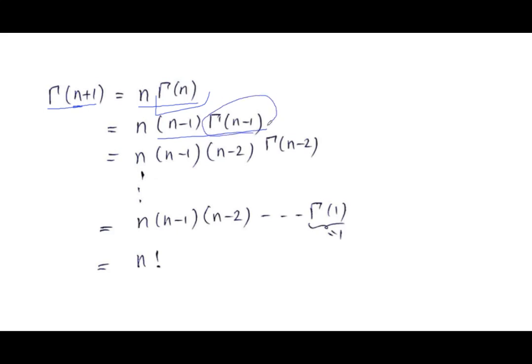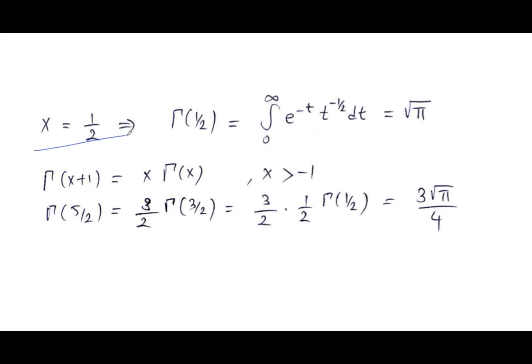And then instead of this expression, you can substitute this term. And if you just keep substituting these values, you will get a multiplication of all these integers up to gamma of 1. And we have already calculated that the gamma function of 1 equals 1. So in other words, gamma function of n plus 1, where n is an integer, we can write as n factorial.